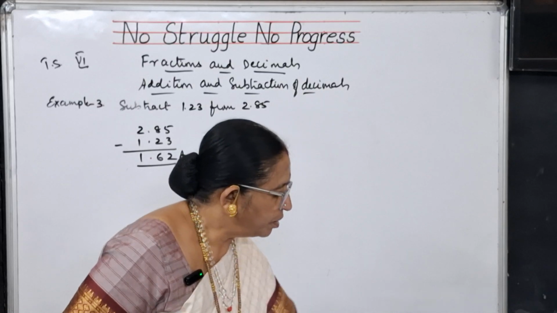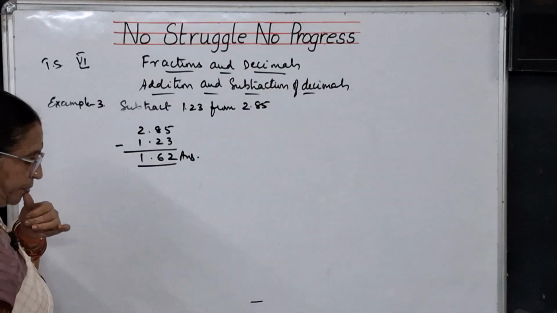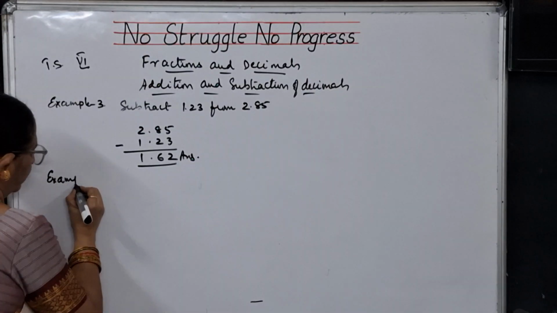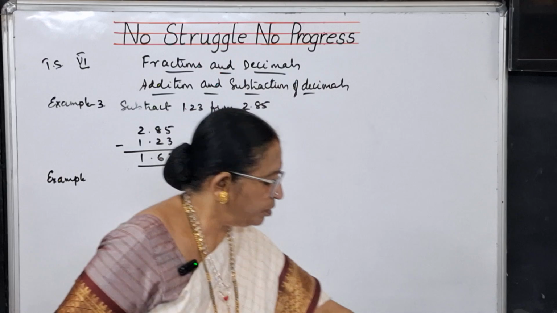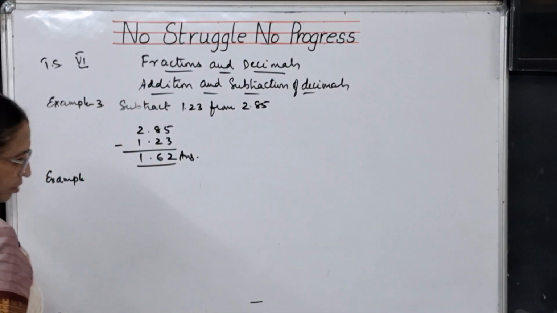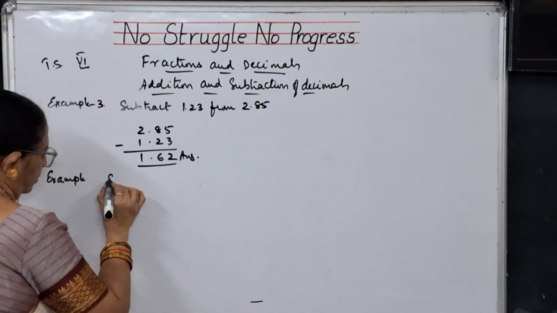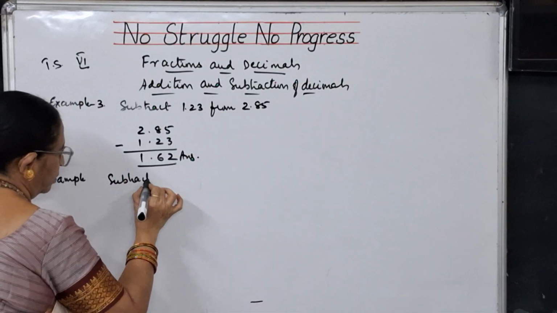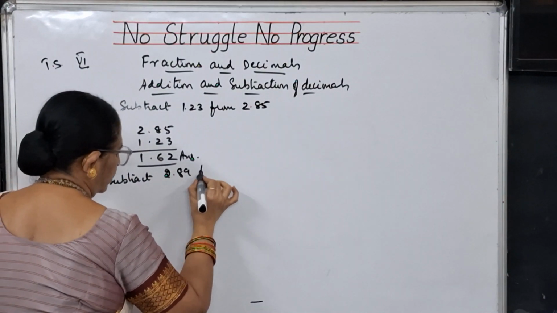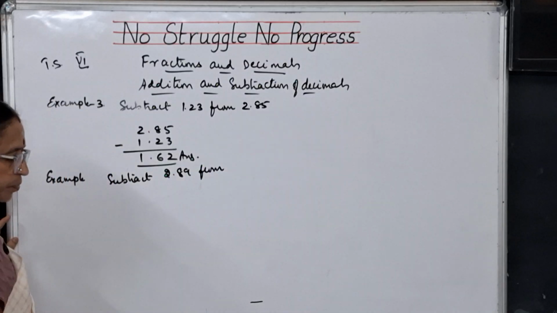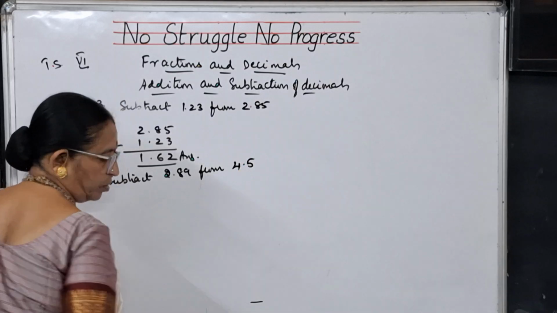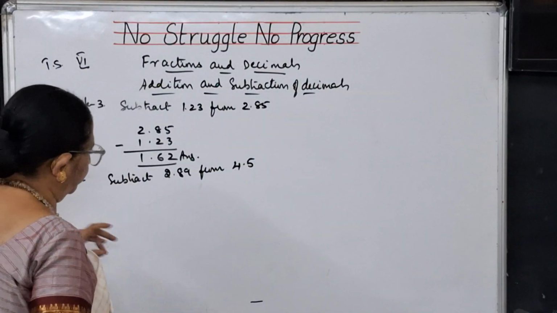The next one is example 4. Subtract 2.89 from 4.5.